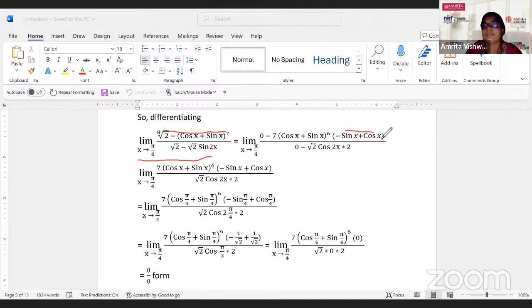So minus sin x plus cos x. Numerator, it's done. Now what about the denominator? Root 2 minus root 2, there is a minus that's always there. Root 2 is a constant. Sin 2x becomes cos 2x into 2. Now you can simplify it. It's of the form 7 (cos x plus sin x) whole raised to 6 into (minus sin x plus cos x) by root 2 cos 2x into 2.